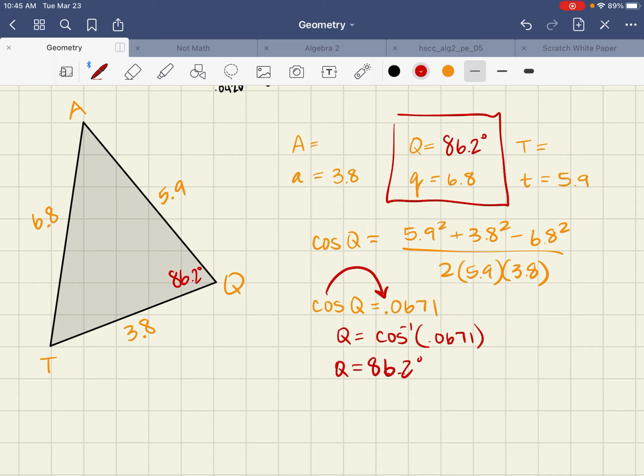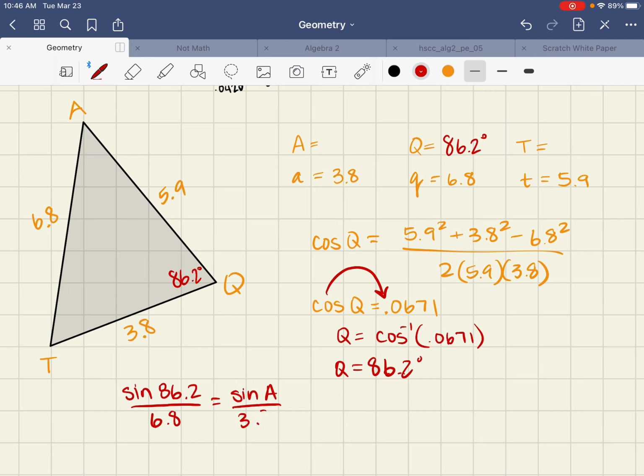I'm going to go ahead and solve for A. Law of sines says the sine of any angle, 86.2, over its opposite side, 6.8, will always equal the sine of any other angle in that triangle over its opposite side. So we're going to go sine of angle A over 3.8.